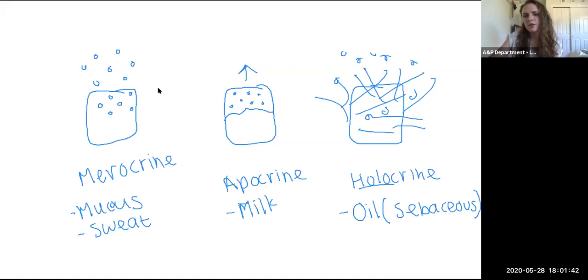Okay, it's not a big group of cells. It's just one single cell that secretes mucus. And our big example of that is going to be your goblet cells. Goblet cells secrete mucus, and they are your big example of unicellular glands. And they do it through merocrine secretion.